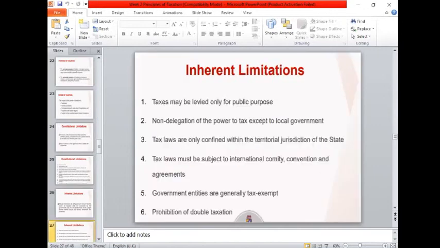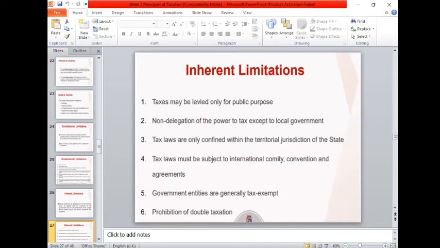So what are those inherent limitations? Please take note that taxes may only be exercised based on the creation of law and for a public purpose. The power of taxation shall not be delegated except to local government. The tax laws are only confined within the territorial jurisdiction of the state, meaning that the tax laws are only applied upon the territorial coverage of our state, and cannot be applied to other countries.